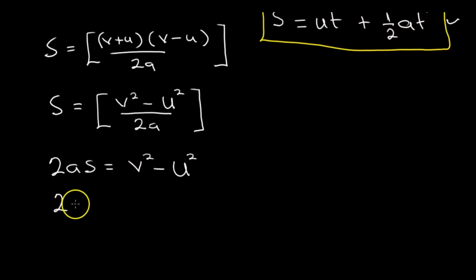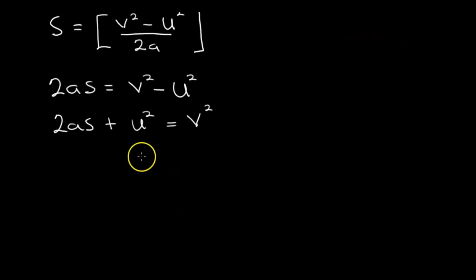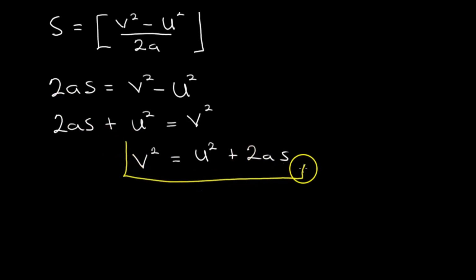So I get 2as plus u squared equals v squared. Let's always bring our subject to the left hand side and put whatever is left on the right hand side. That gives me v squared equals u squared plus 2as, and this is the third equation of motion.